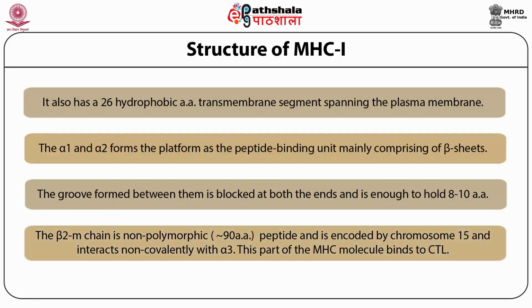The beta-2 microglobulin chain is non-polymorphic, holds about 90 amino acids, and is encoded by chromosome 15 and interacts non-covalently with alpha 3. This part of the MHC molecule binds to the cytotoxic T cell.